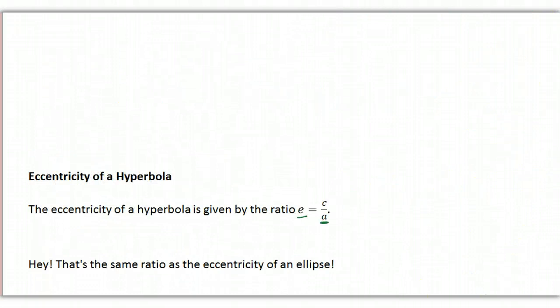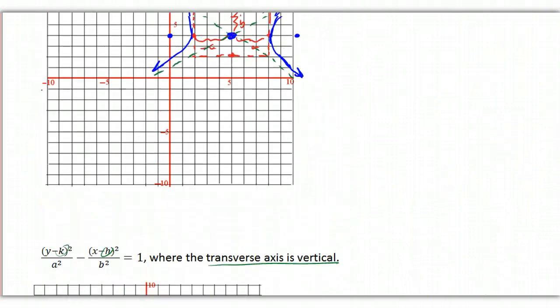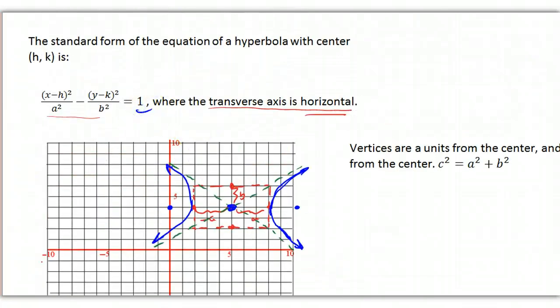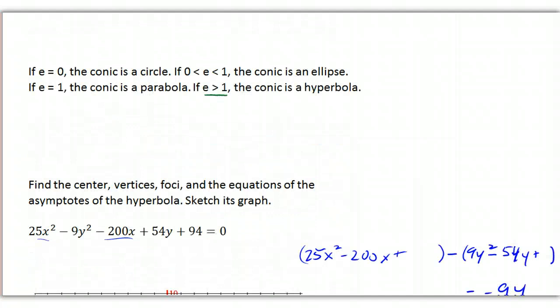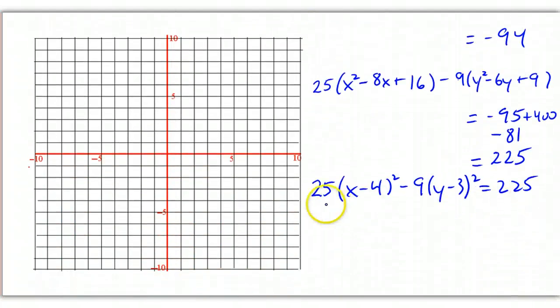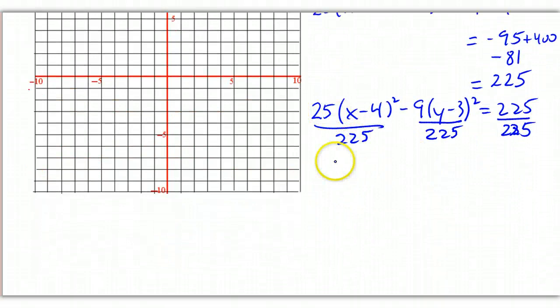And you'll notice in our standard form of an equation, it's always equal to 1. So, back to our problem, we're going to divide everything by 225 to make it equal to 1. And 25 goes into 225 9 times.